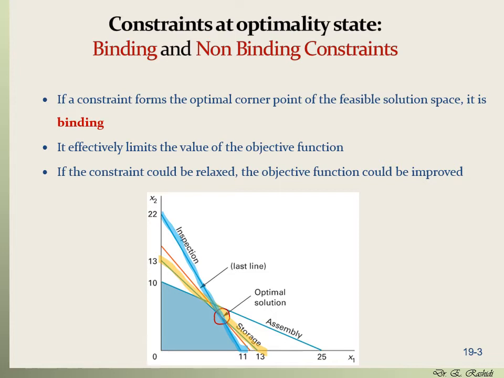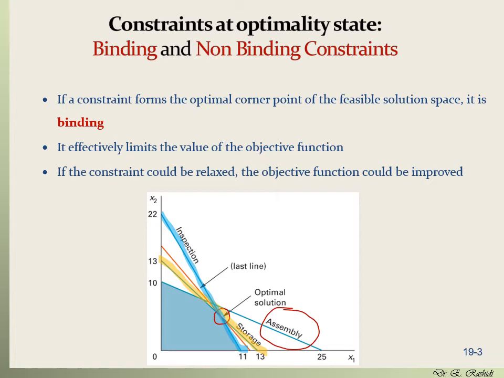So in this setting, if this company invests on improving, for example, the assembly time, it would not improve the optimal objective value. So if they want to increase the objective, for example, profit here, maximizing profit, then they have to invest on the resources that are associated with the binding constraint.